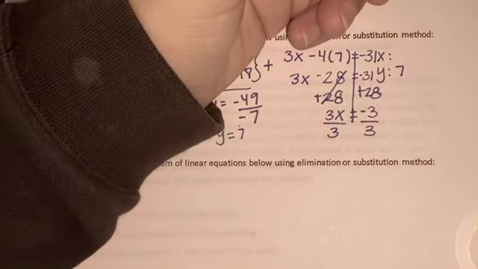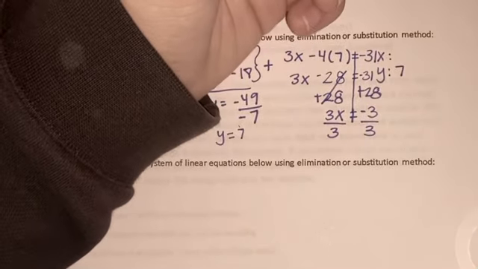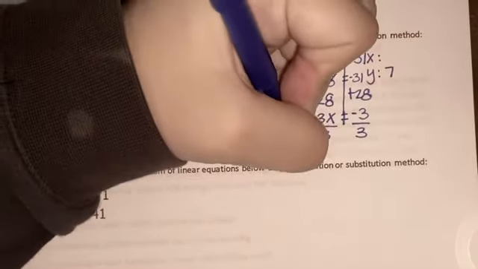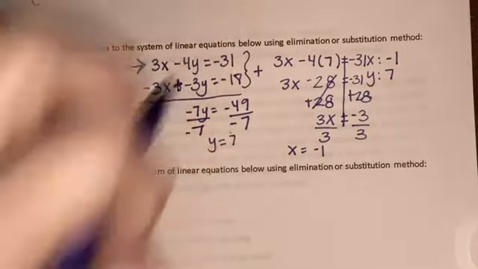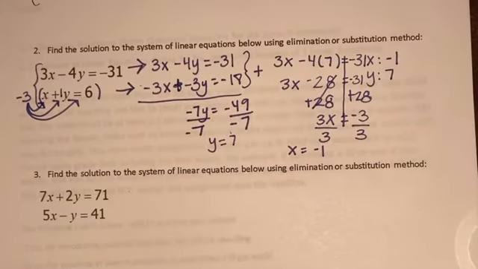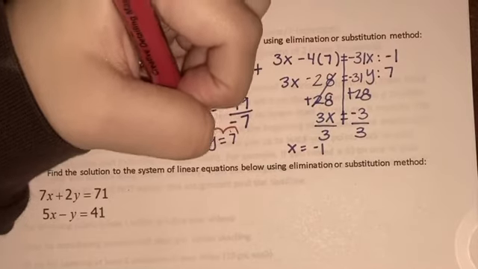So negative 3 divided by 3 equals negative 1. So x equals negative 1. So up here, x equals negative 1. And then we're going to circle that so we don't forget. This is for our y. This is for our x.